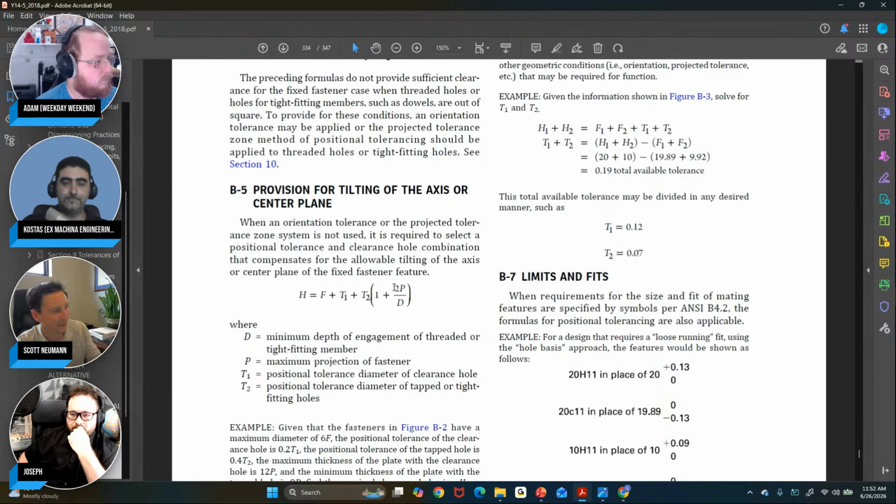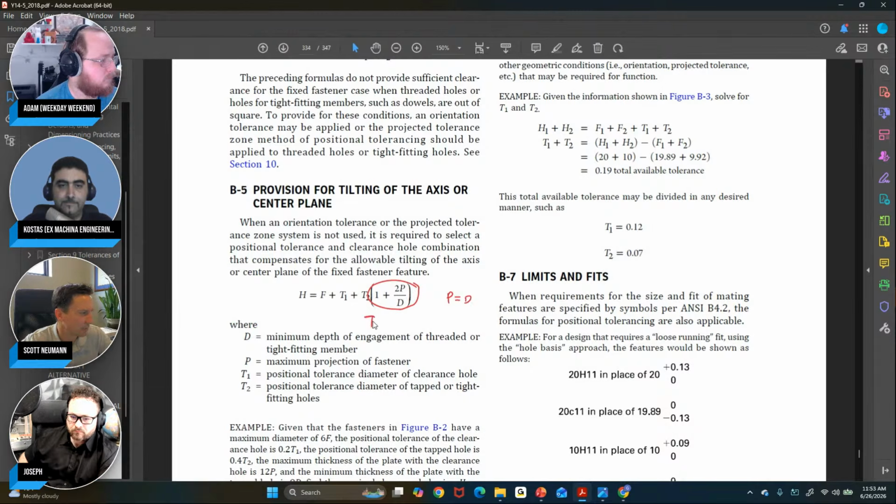And that's that extra little formula, or provision, I guess is what they call it, that I was talking about, 1 plus 2B over D. And I was like, yeah, why should we use a projected tolerance zone if we could just reduce the tolerance a little bit? But what if P equals D, like my example? If you plug in P equals D, T2 becomes a 3 times multiplier. I'm like, oh my gosh, 3 times the tolerance? I can't account for that type of reduction in tolerance.